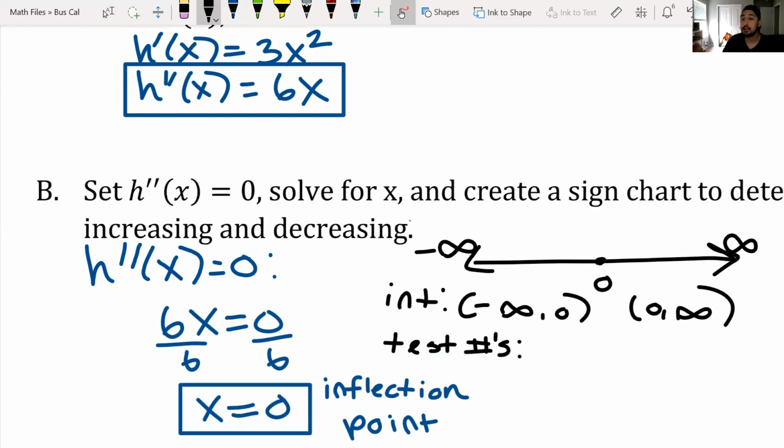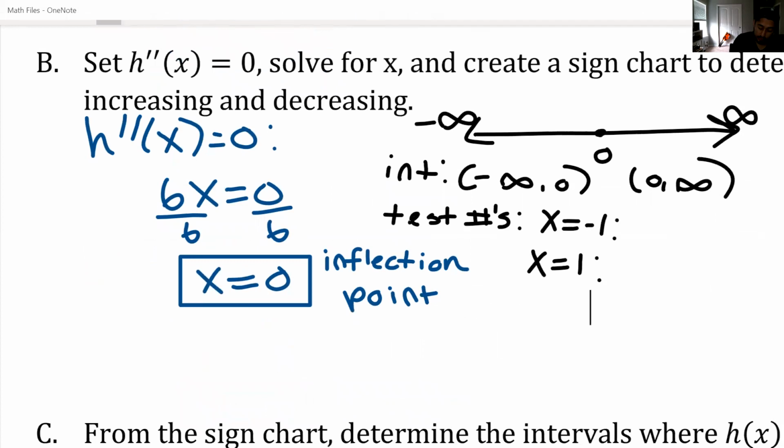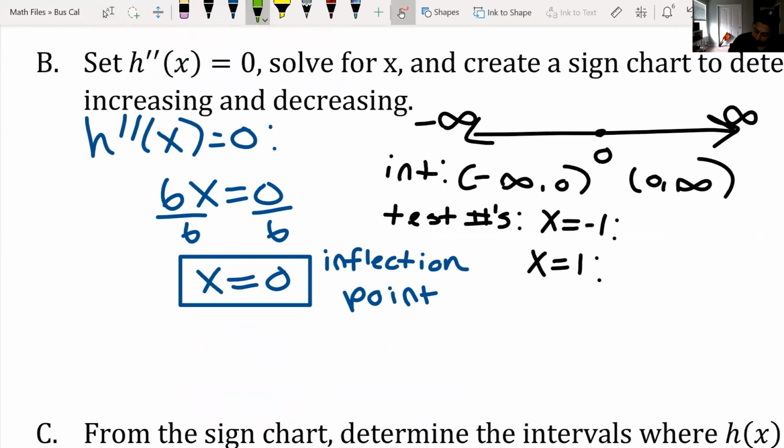From negative infinity to 0, we pick -1. From 0 to infinity, we pick 1. Now, this is a sign chart for the second derivative. So we plug into our second derivative. So plug into the second derivative.